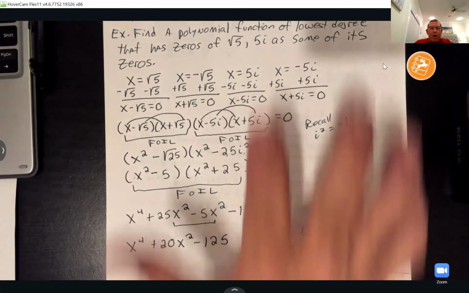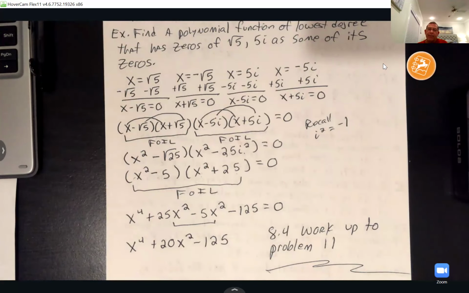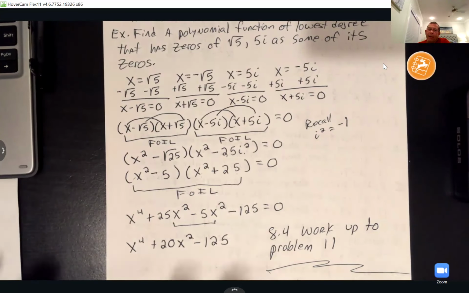But I wanted you to get all the FOILing stuff out of the way because this is some tedious stuff. And since 8.3 wasn't too bad, try to get all your FOILing out of the way if you can before next week, and that'll keep you on a good pace. This is definitely going to get you strong at your FOILing for sure. Because if you notice, that's all I did tonight was FOIL, okay?